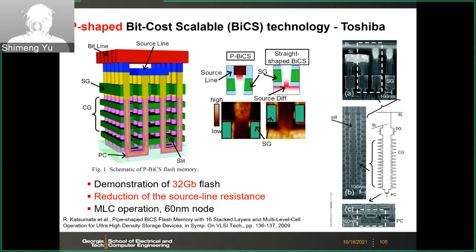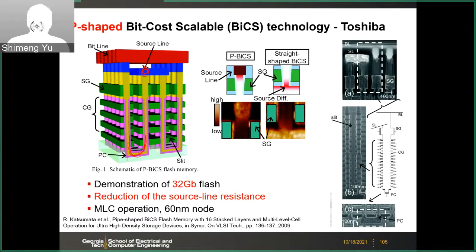I don't know why it's called P shape, but basically you have them connected together. Therefore, your source line can be put on top here. Previously, the source line is on the substrate, but now you can make the source line here with the metal. That's the only difference in this P-BiCS structure.